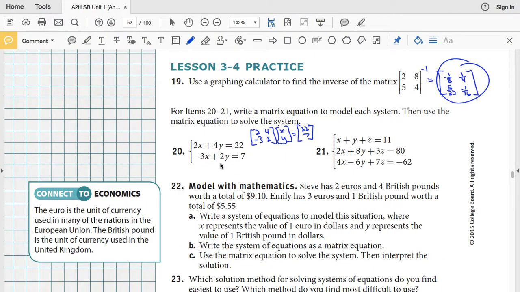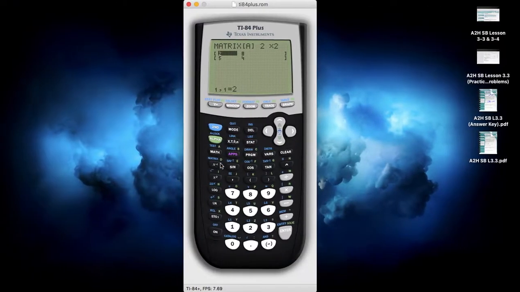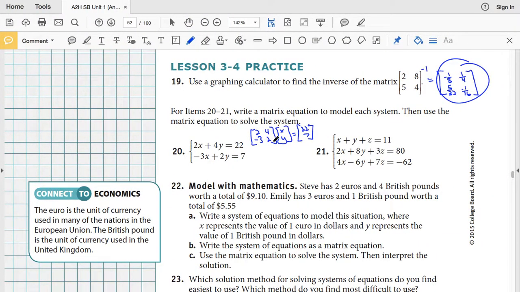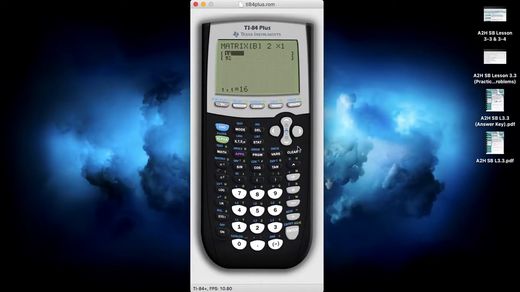And in this case, it is 2, 4, -3, and 2. All right, and let's go to second matrix again, and we want to edit B. In this case, it's going to be a 2 by 1, and these values are going to be 22 and 7.